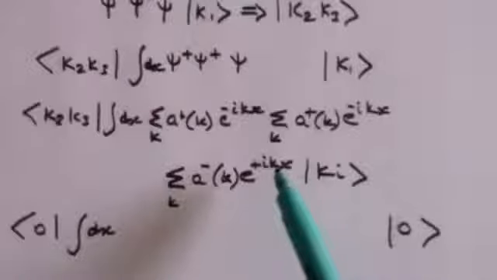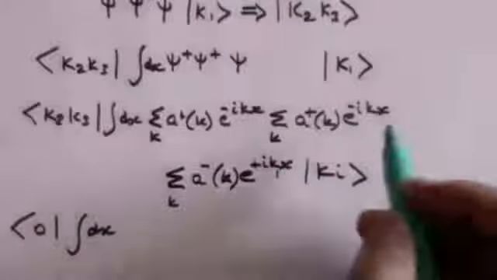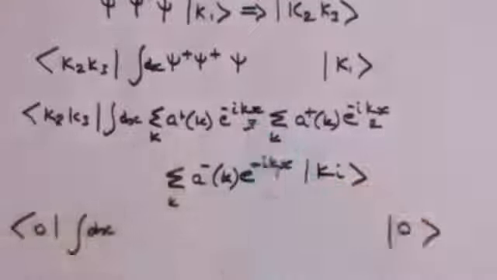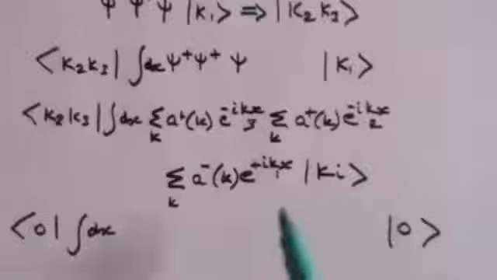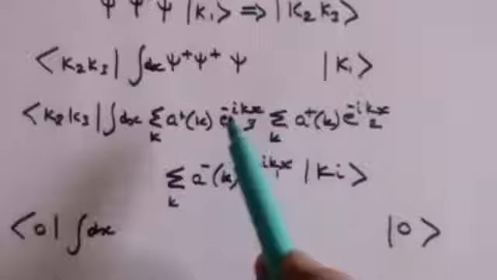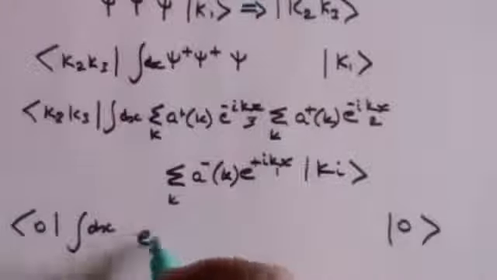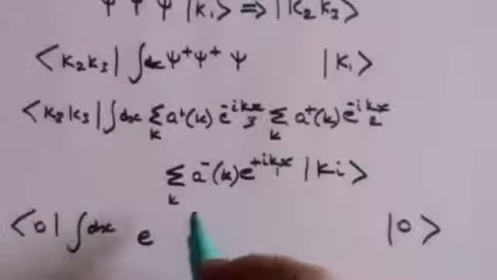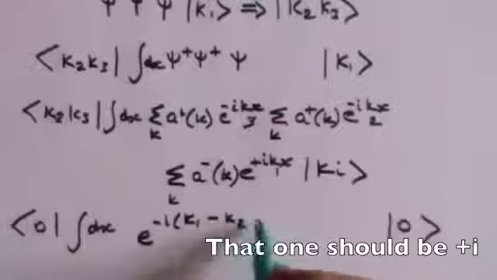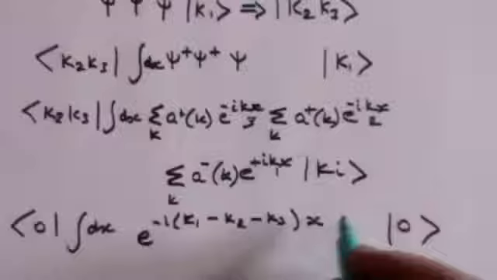This k is obviously associated with k1. That's the initial state. This integral is associated with k2, and this is associated with k3, because this is what annihilates k1, this is what creates k2, and this is what creates k3. So what you'll find is that you're left with the exponential of minus i (k1 minus k2 minus k3) times x.